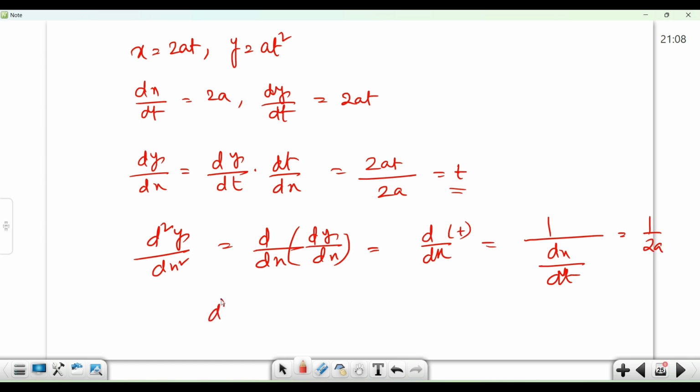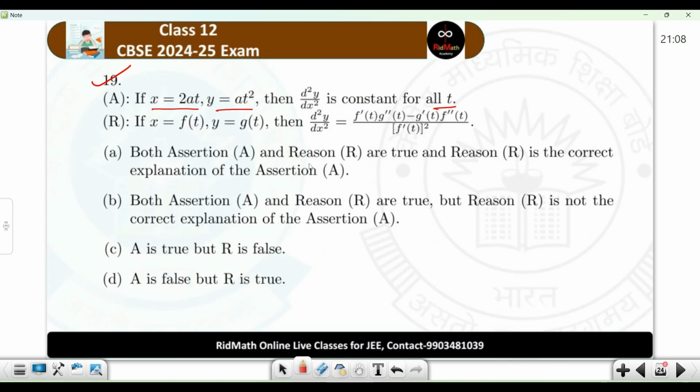So d square y by dx square is equal to 1 by 2a, and this is constant for all t. So the option number A is correct.